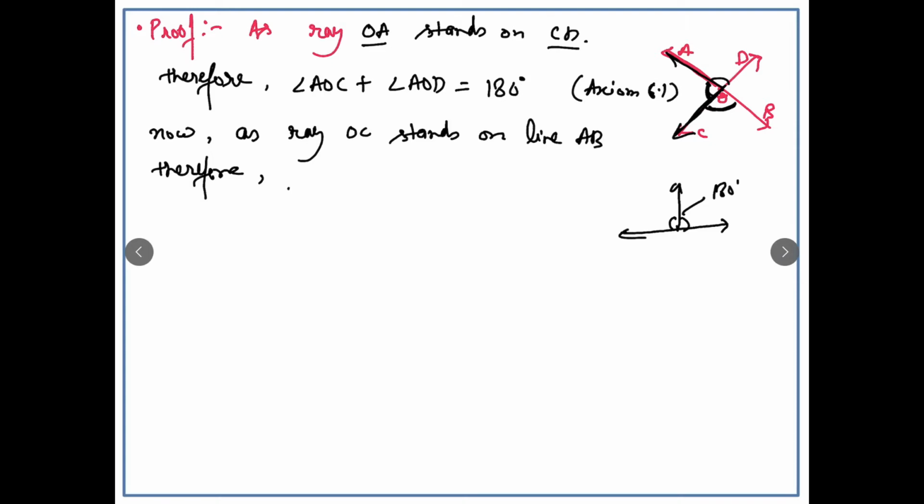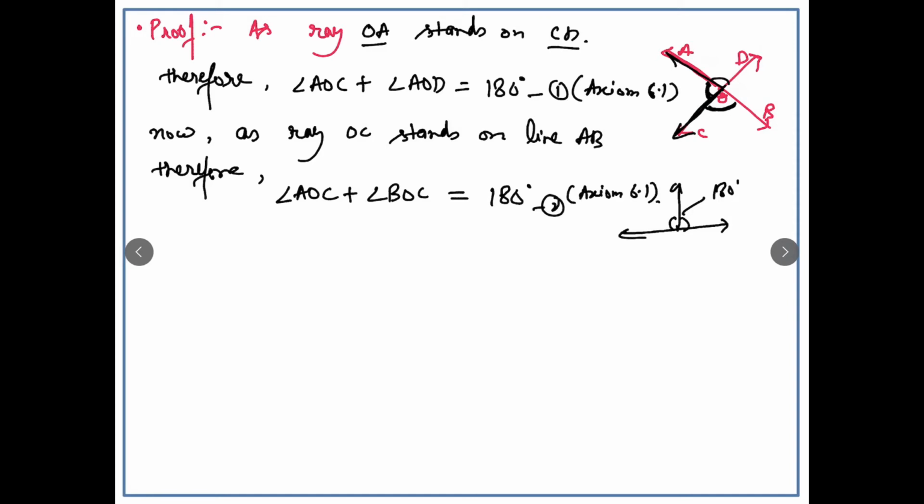So that is angle AOC plus angle BOC will be equal to 180 degrees. This is also by axiom 6.1, which says if a ray stands on a line, then the sum of the two angles so formed is 180 degrees. Okay, now let's name it equation 1 and this is equation number 2.